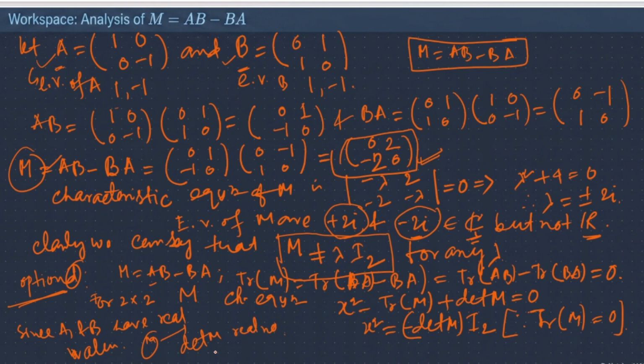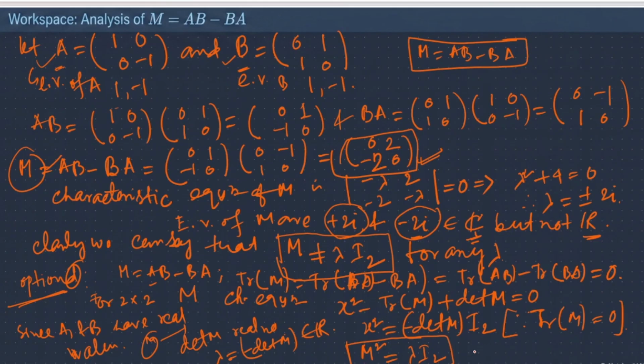So we can take lambda equals minus determinant of M, and this belongs to R. Therefore, we get M square equals lambda I2.